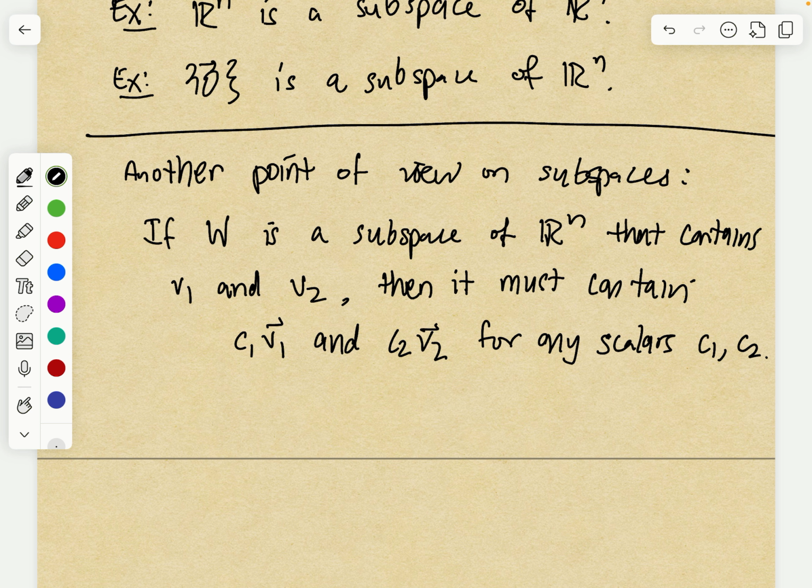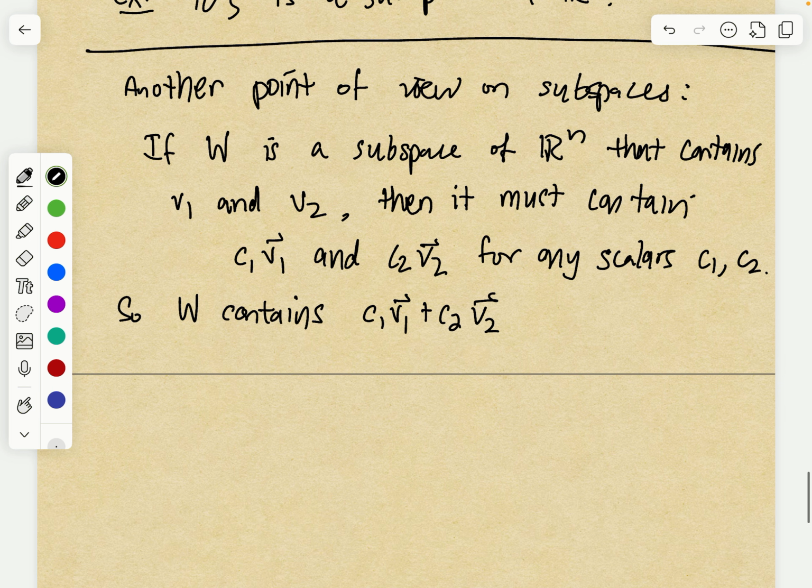That's because W is closed under scalar multiplication. Therefore C1 V1 is in W and C2 V2 is in W. Now, since W is closed under addition, it has to contain the sum, C1 V1 plus C2 V2.